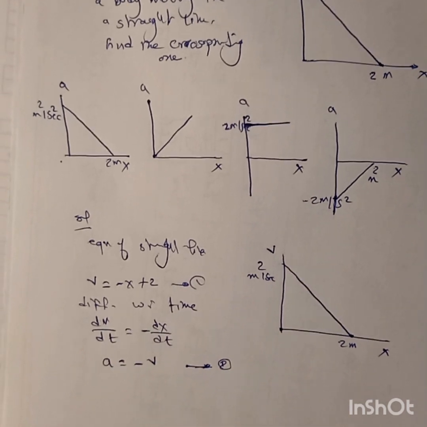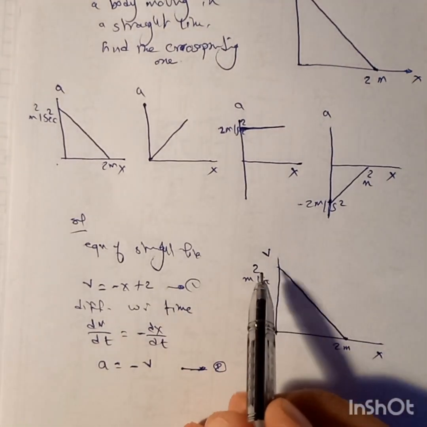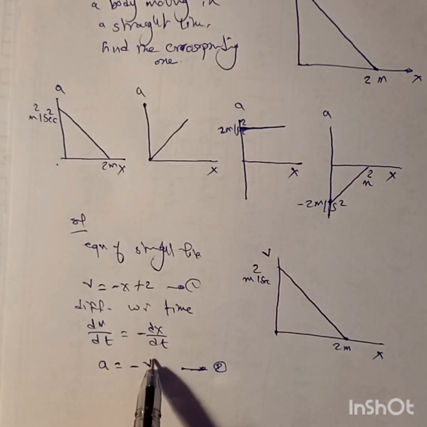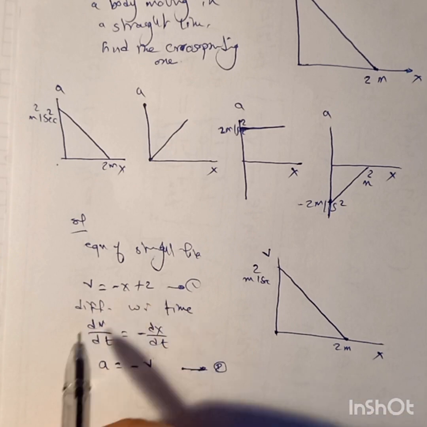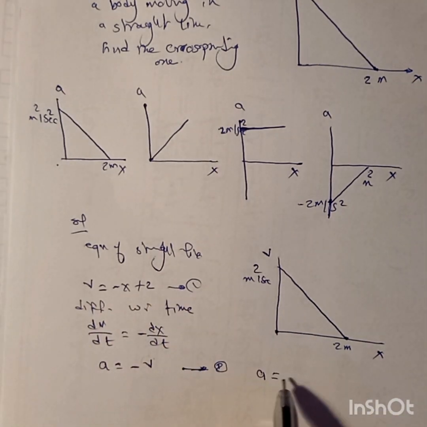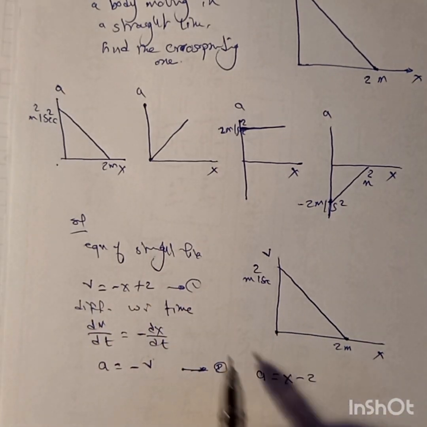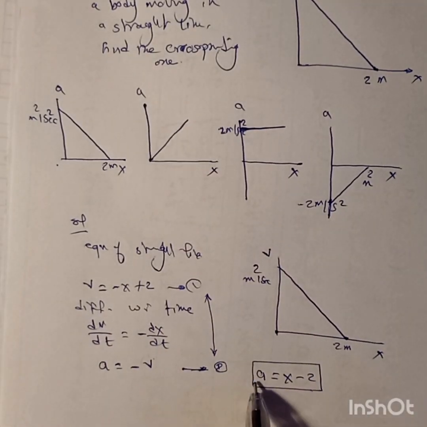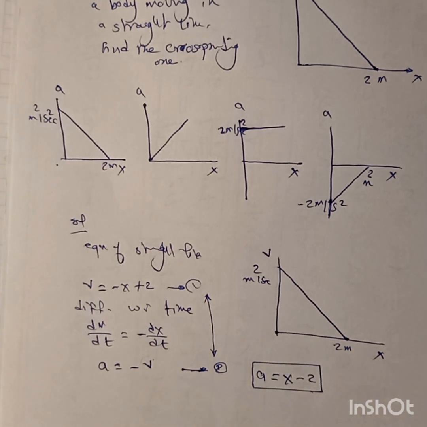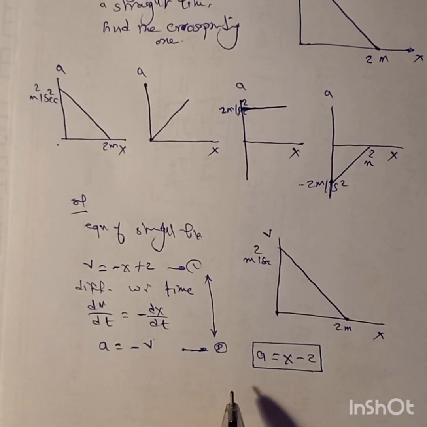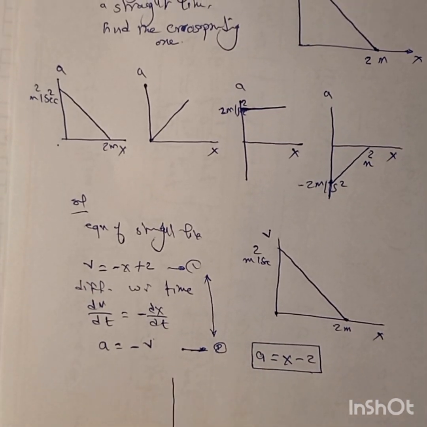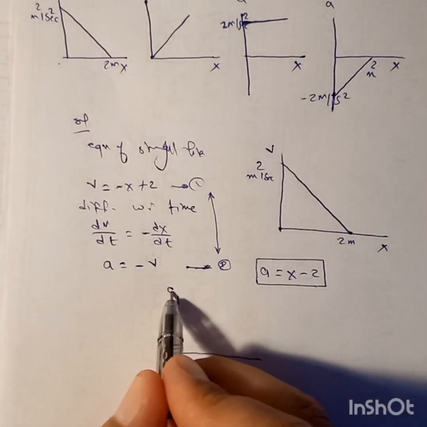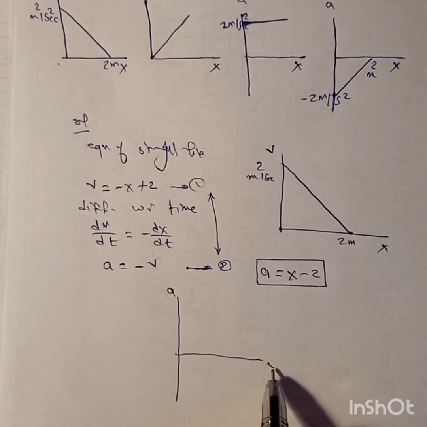Here we can find the relation between a and x by substituting v equals negative x plus 2, then a equals x minus 2. From these two equations we find the relation between acceleration and displacement of the given body. We can represent this as follows: here we have a and here we have x.